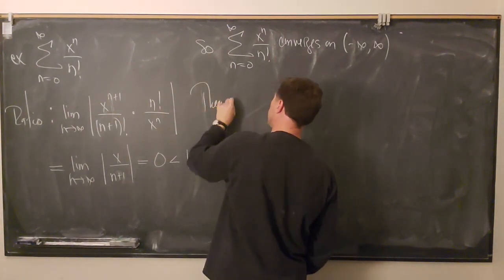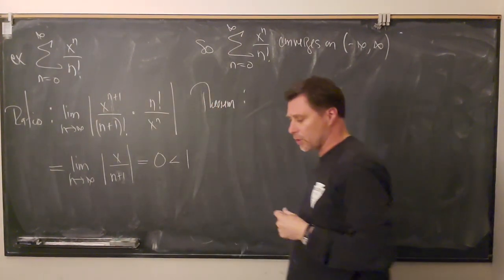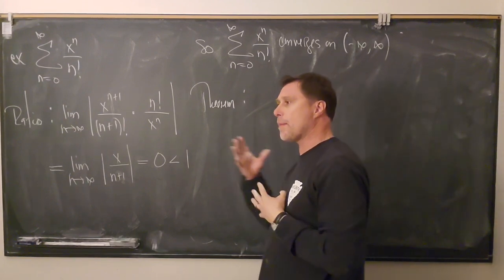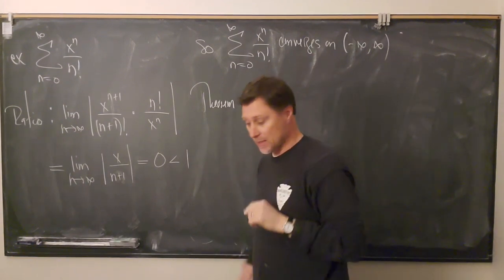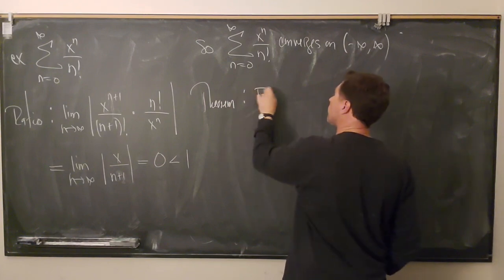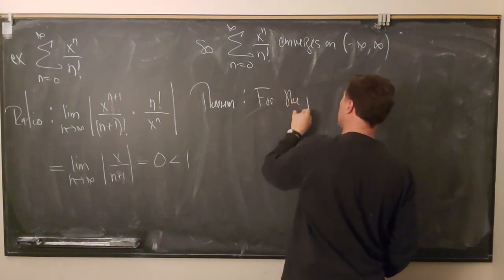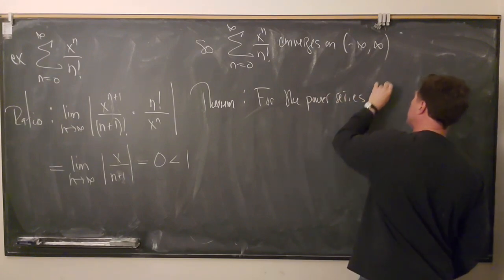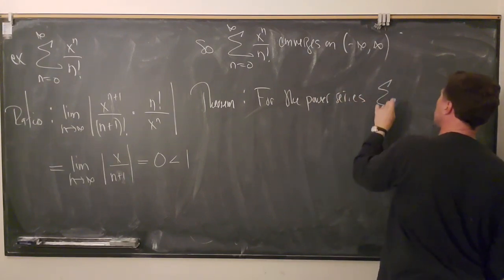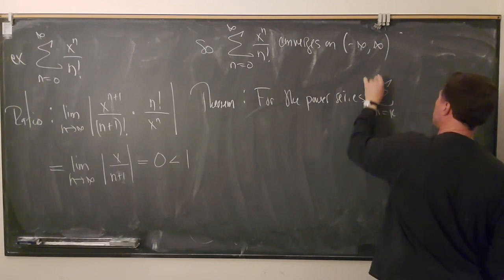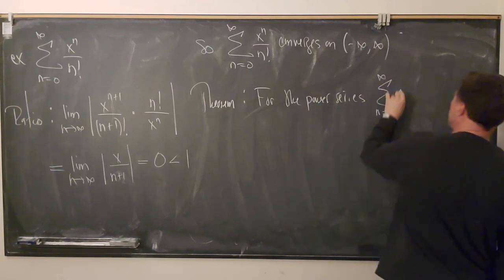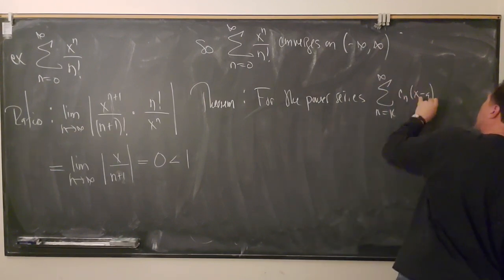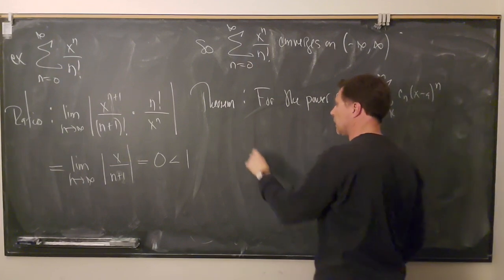Now, we've seen a couple of examples, and now I'm going to write down a general theorem. No matter what power series we have, there are 3 possibilities. For the power series, sum n equals k to infinity, c sub n times (x minus a) to the n, there are 3 possibilities.